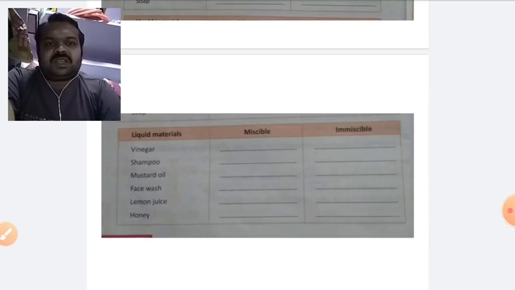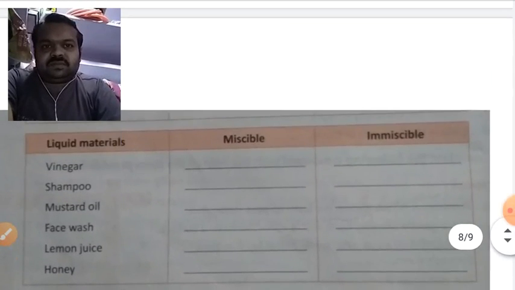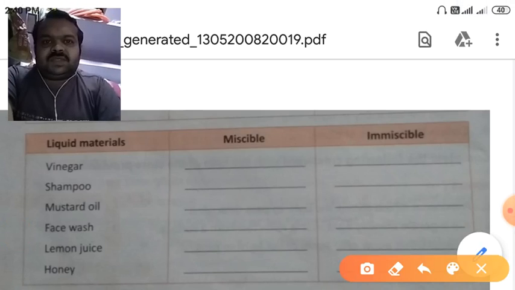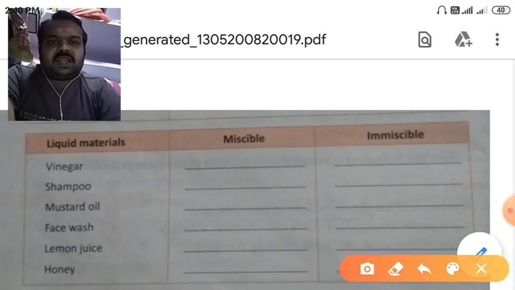Now one more table is given here. Some liquid materials are given here, and you have to tell whether these liquids are miscible or immiscible.